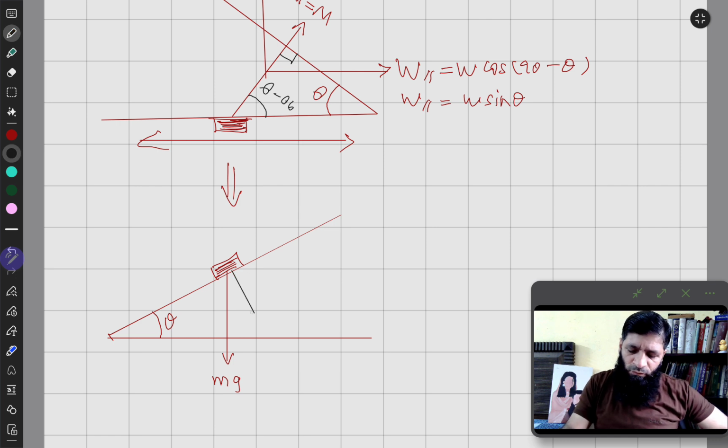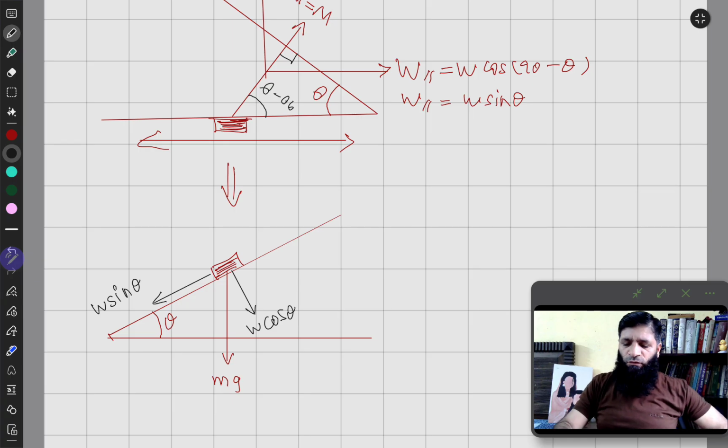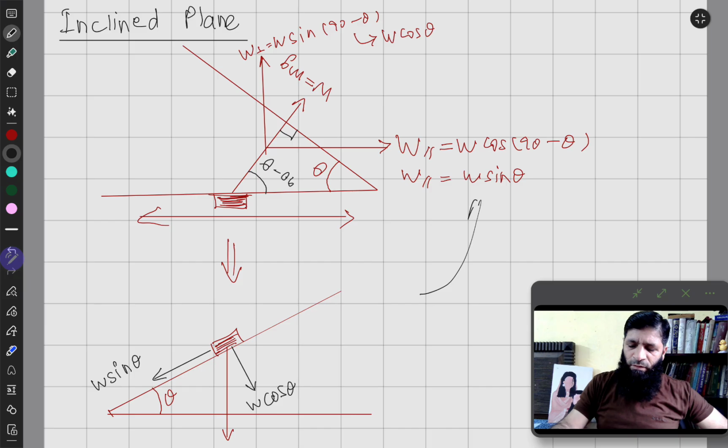I have just told you that the perpendicular component of weight will be W cos theta, and the parallel component or the horizontal component of weight will be W sin theta. If you see this diagram, you will know about the components of weight. And remember one thing, that the parallel component of weight will always be downward, because the weight of any object will bring the object downward.